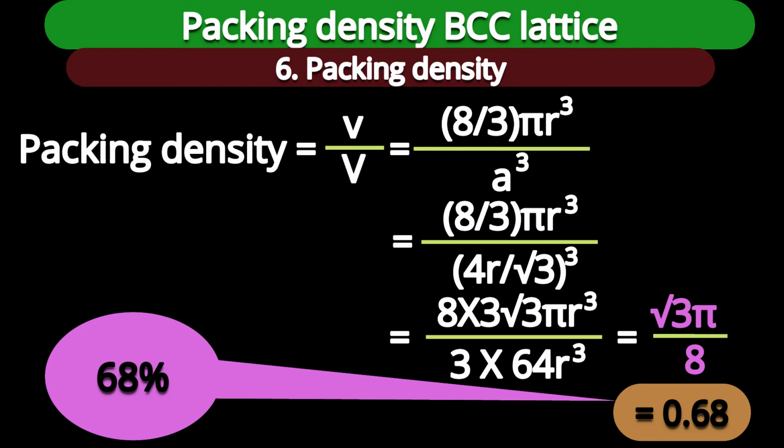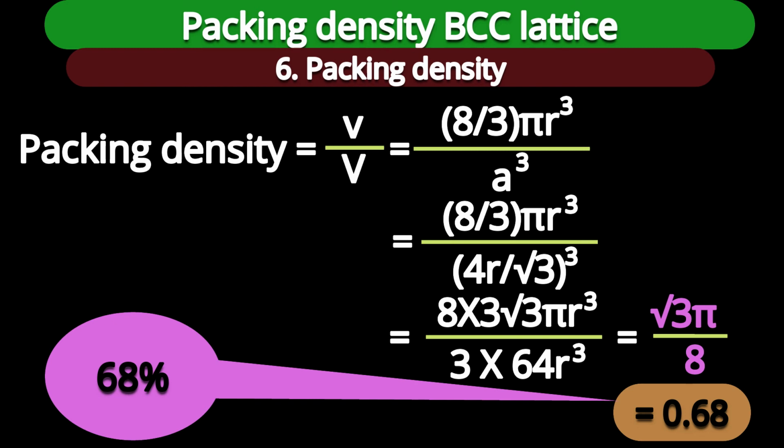In the second step, substitution for the value of a is done. What is a? a is equal to 4r upon root 3. See, keep it in a bracket, raised to 3, a cube is there, no? So 4r upon root 3 raised to 3. Carefully simplify that bracket. 4r raised to 3 means 64 r cube.